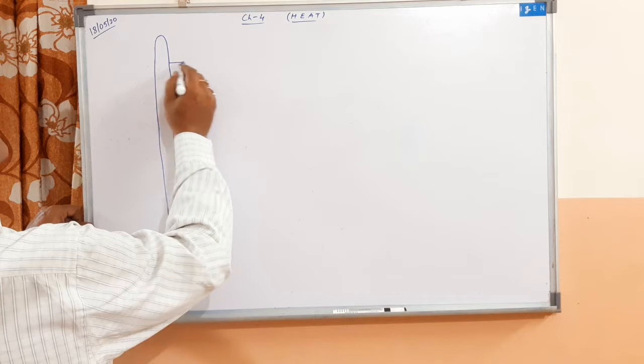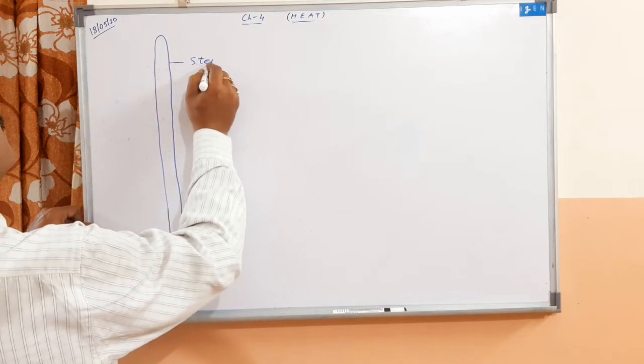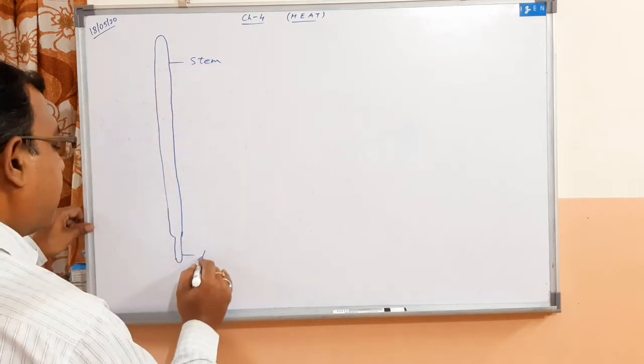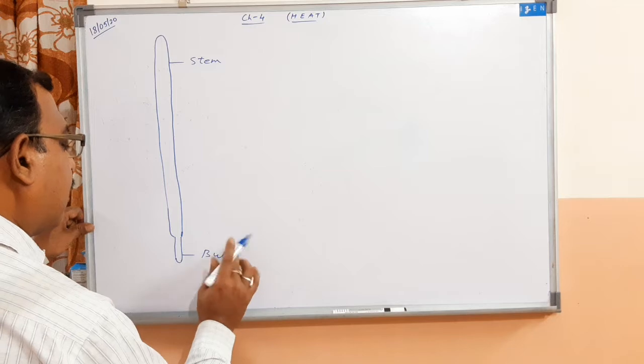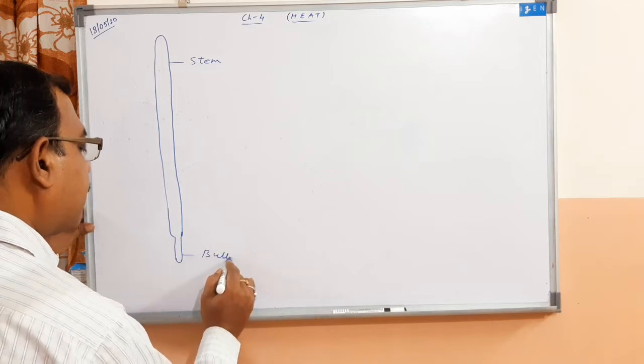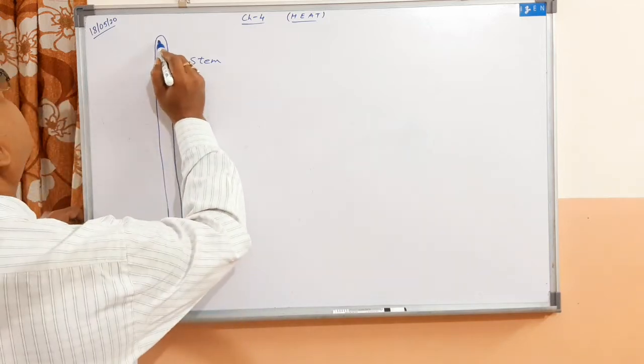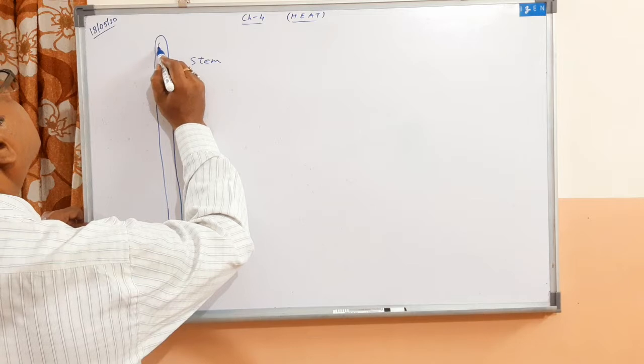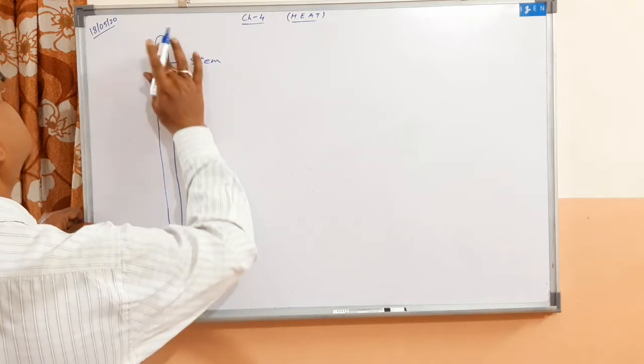This is called the stem, and this is the bulb. Inside is a thin capillary tube.